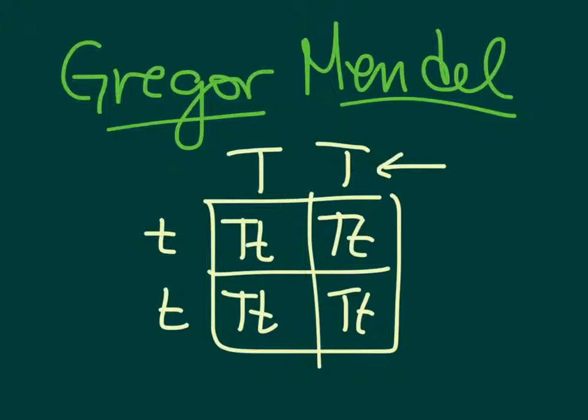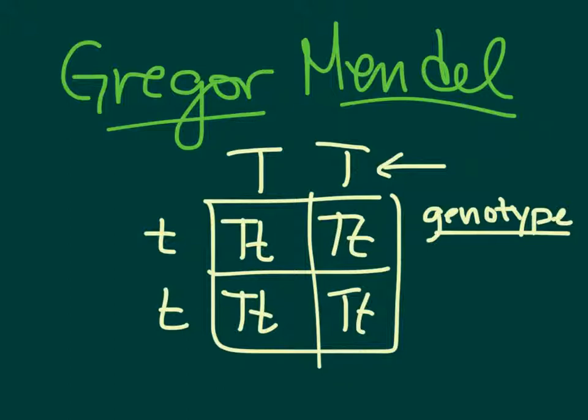Now, these things in these boxes we call genotypes. And a genotype is simply what two alleles an organism possesses. So parent number 1, capital T, capital T, that's its genotype. Those are the two alleles it has, two capitals. And we can call that homozygous dominant.